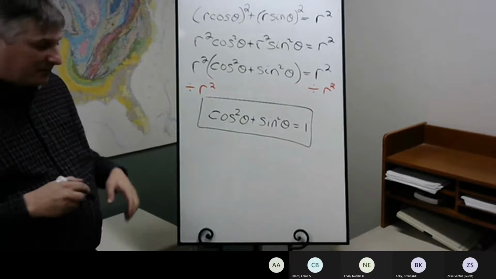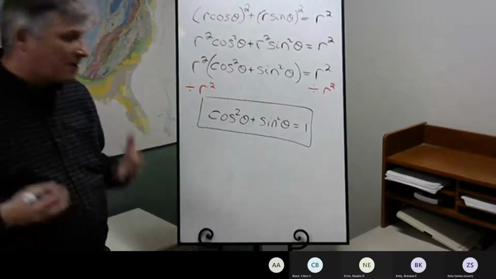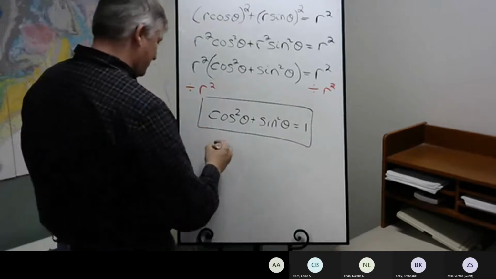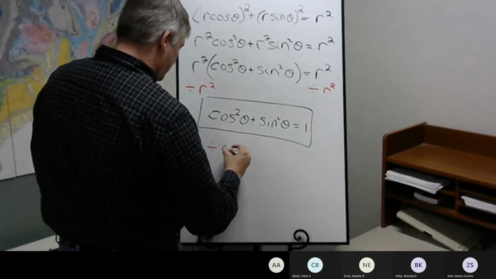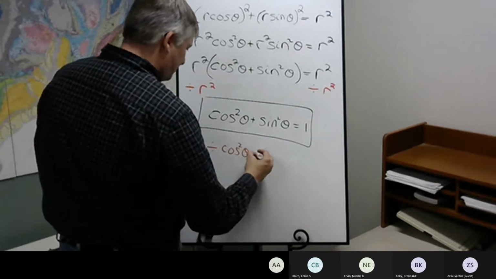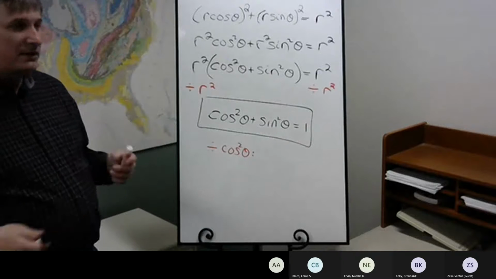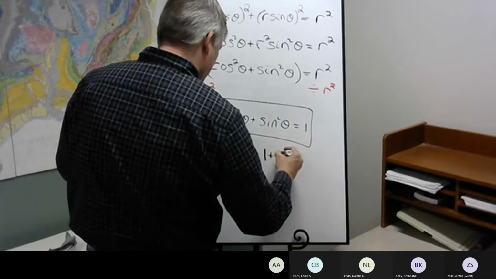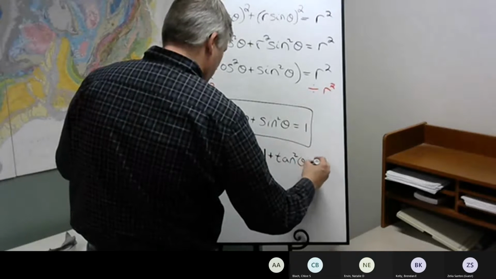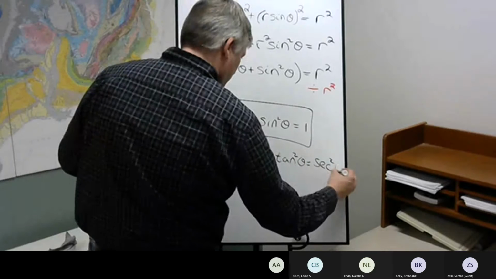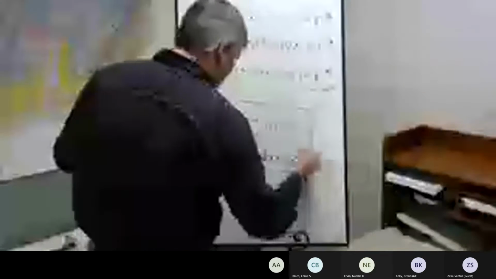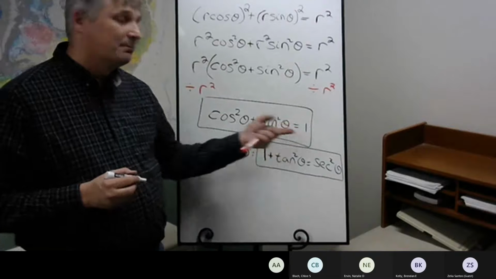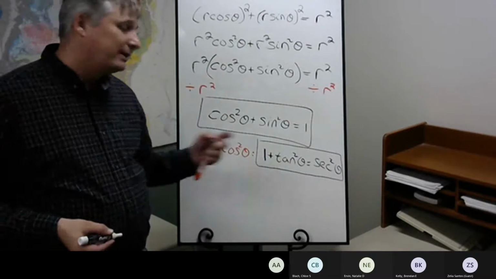So for this, there's some other things you can do with it. If you divide by cosine squared theta, you're going to get another identity. So if you divide everything by cosine squared, you're going to get this.